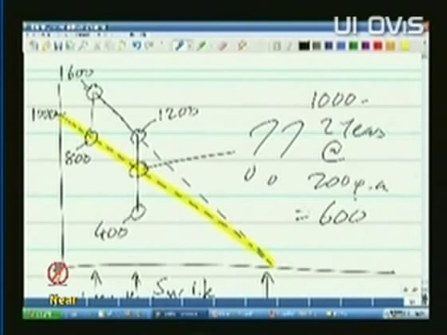Therefore, we know that the 1,200 down to the 600, so this portion here, that bit is going to go to the revaluation surplus, and we know that the bottom bit is going to go to the income statement.